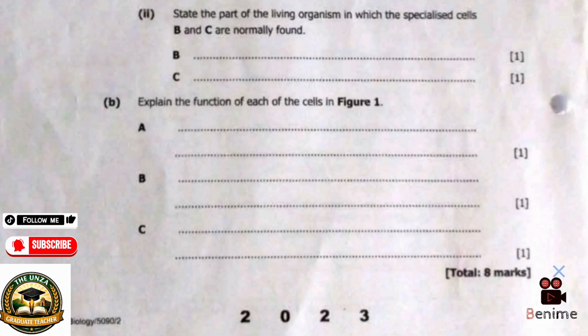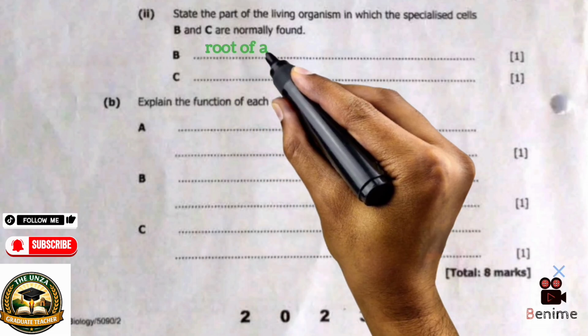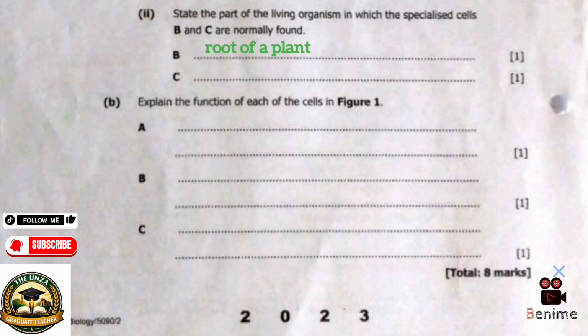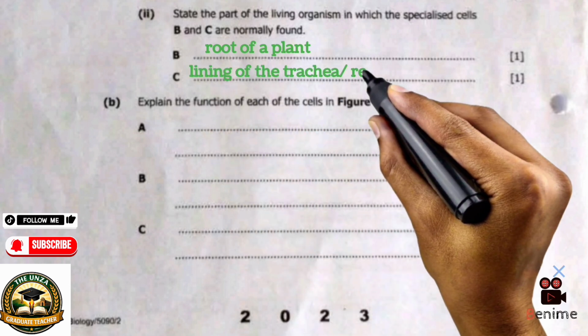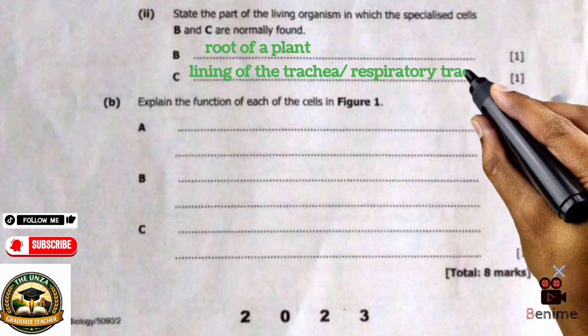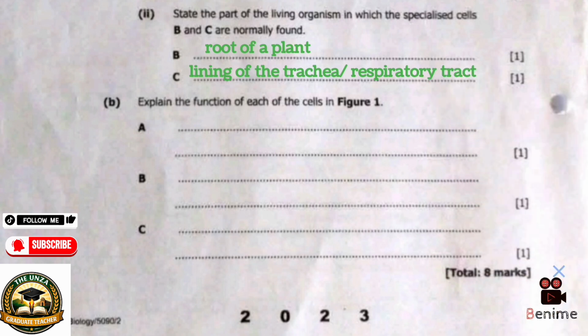You are going to say B is found in the root of the plant, because root hair cells grow on the outer surface of the plant where they absorb water and mineral ions from the soil. Then C is found in the lining of the trachea or respiratory tract. That's where you can find the ciliated cell.